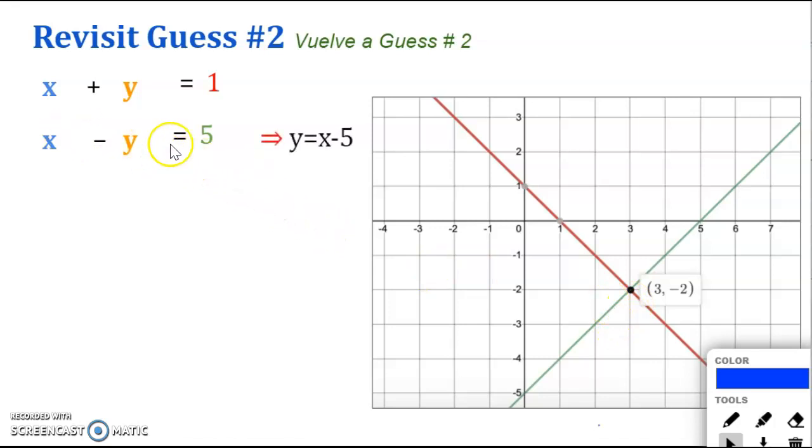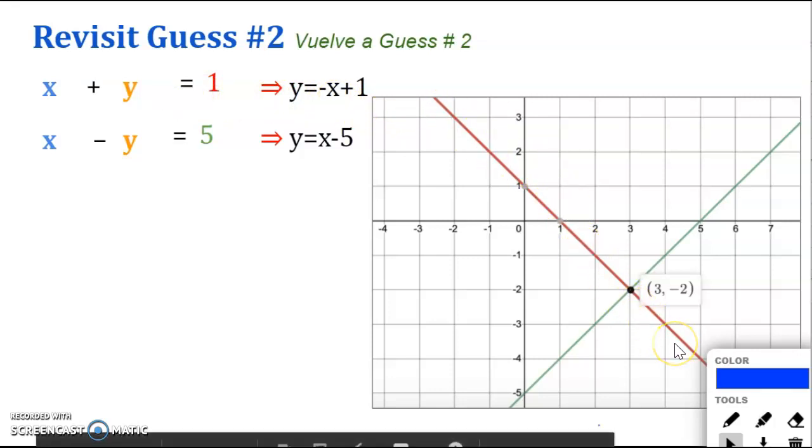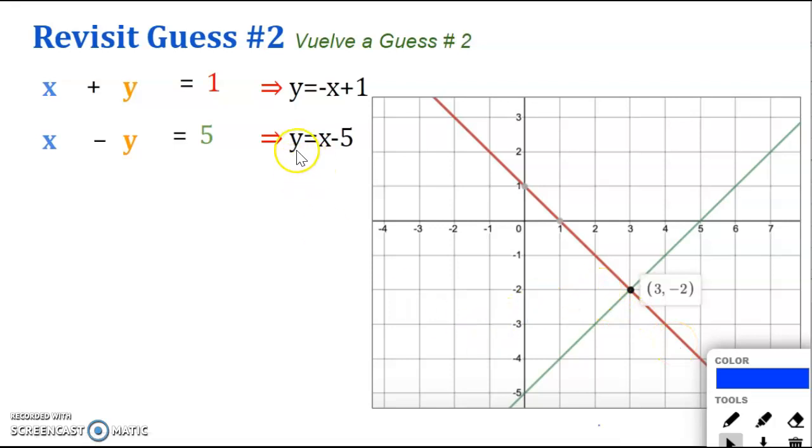Of course, you could convert these to y is equal to mx plus b form, because you know how to do that, and then graph it yourself instead of just using Desmos, because that would be a good exercise. The first equation becomes y is equal to -x plus 1, the red equation, and the green equation is y is equal to x minus 5.